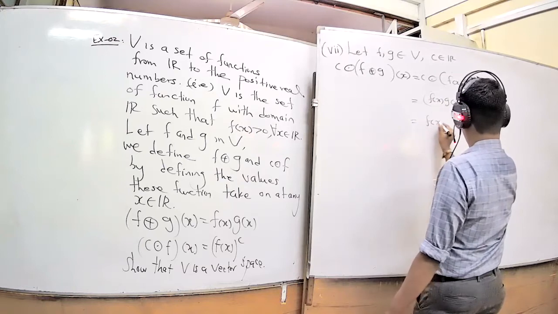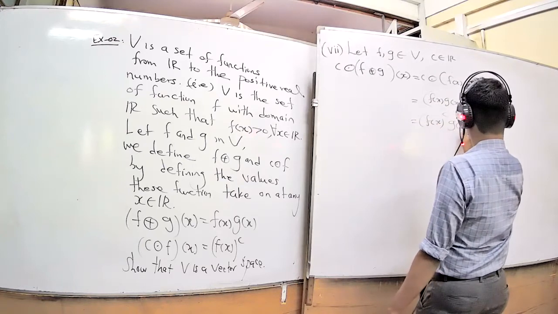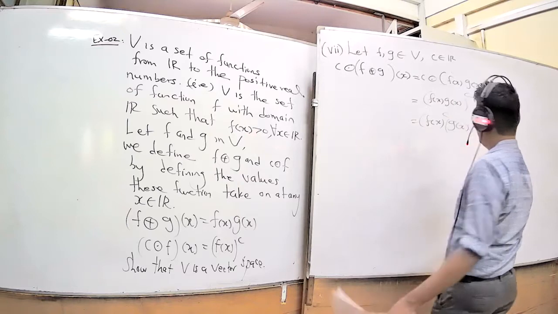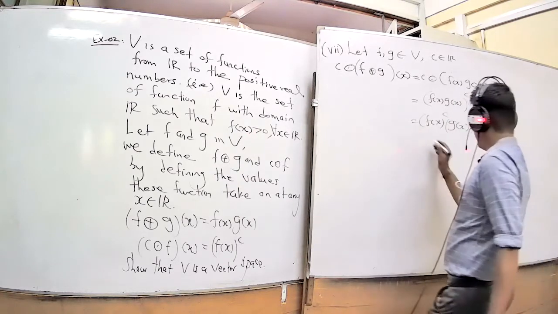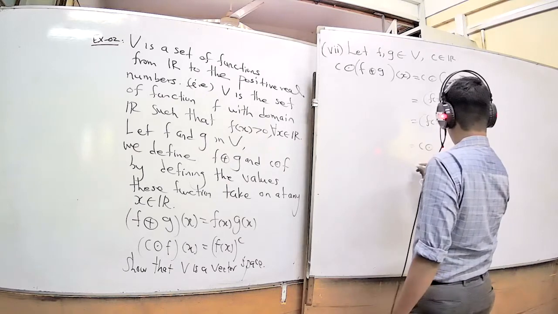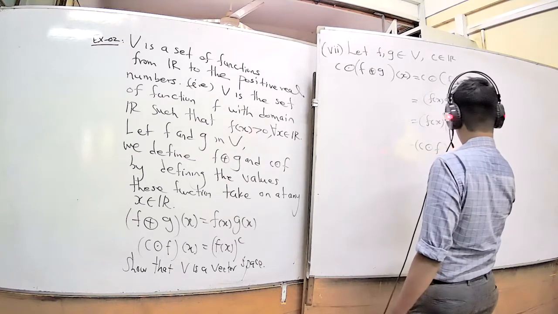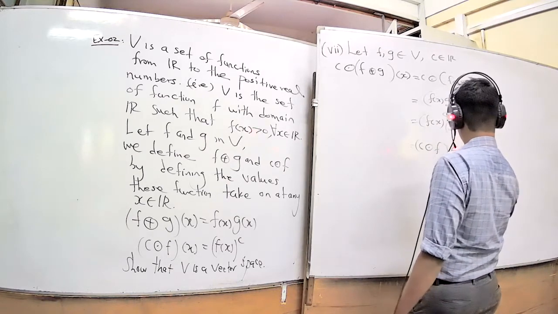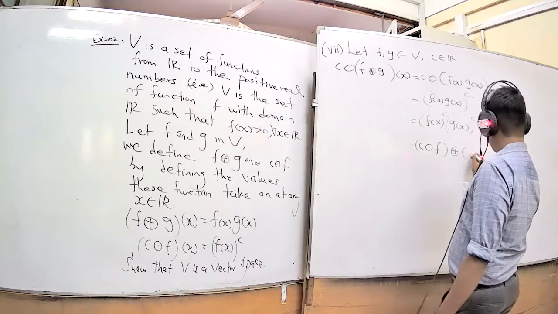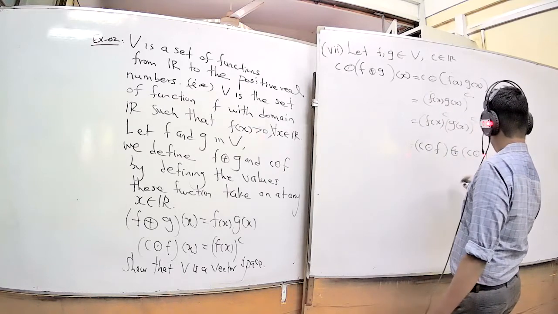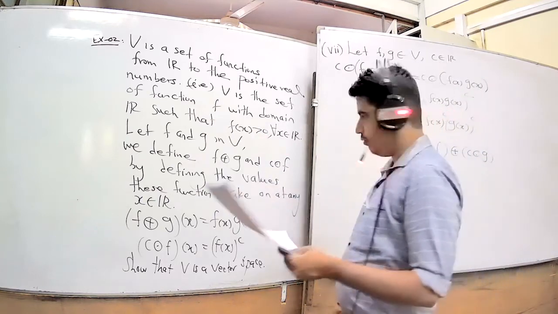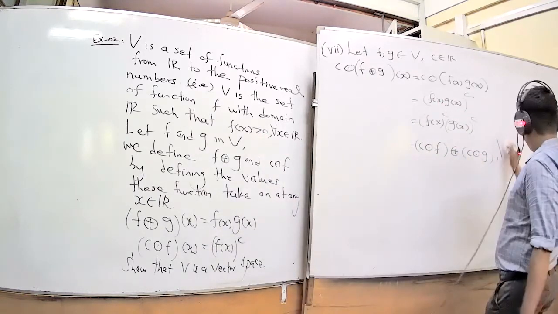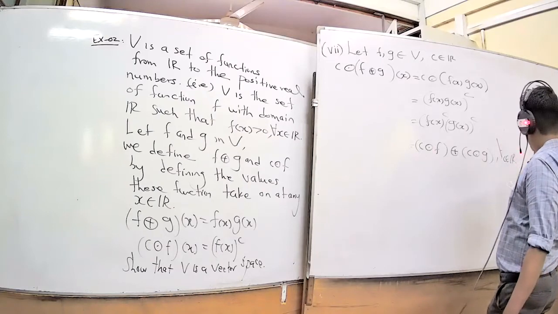So this is f of x to the power c into g of x to the power c. That means c scalar multiplication of f, vector addition, c scalar multiplication of g, for all c belonging to the real numbers.